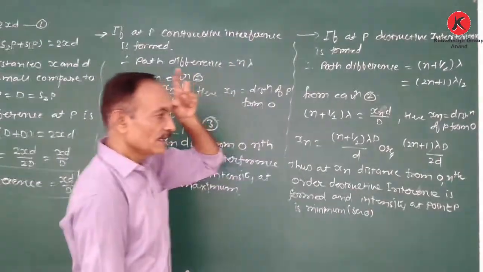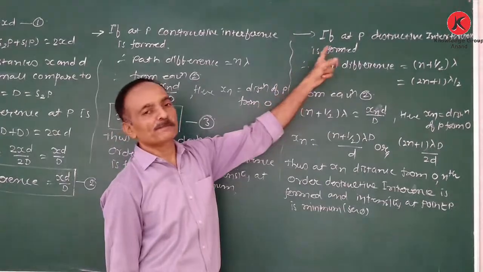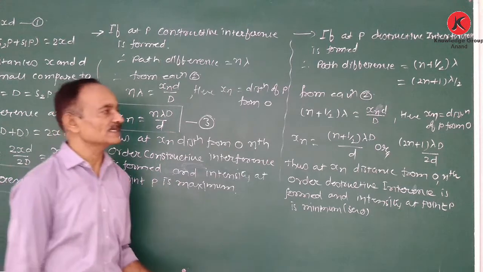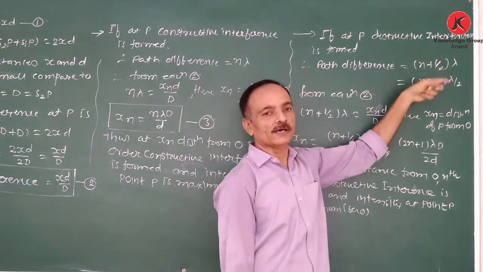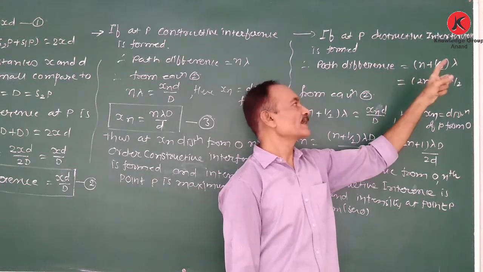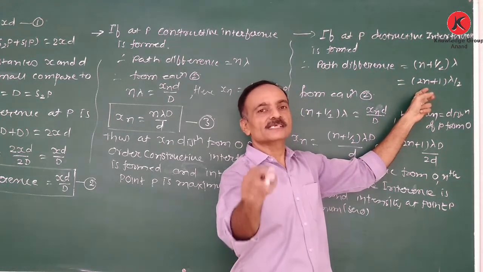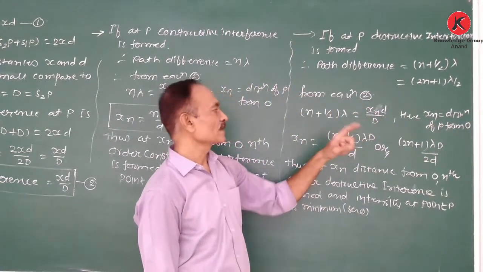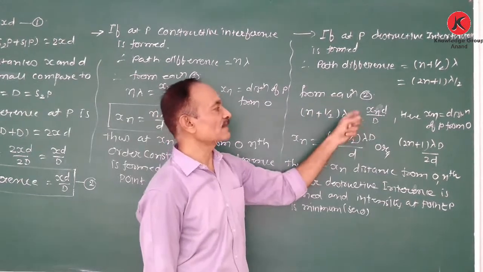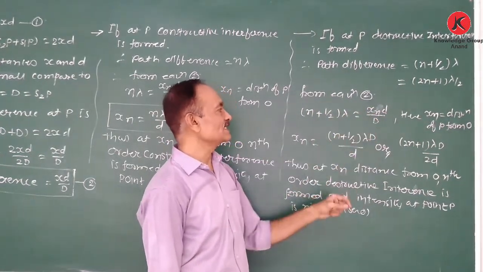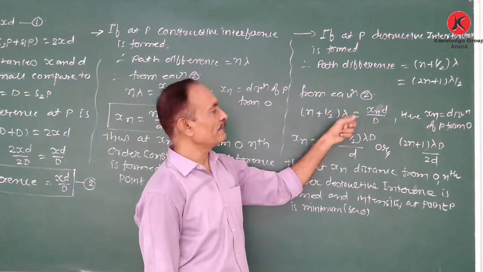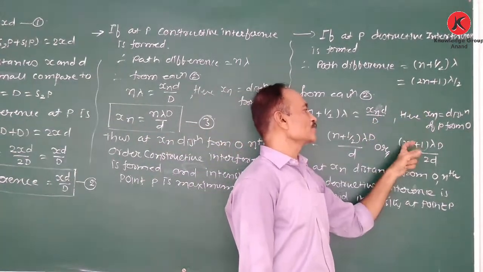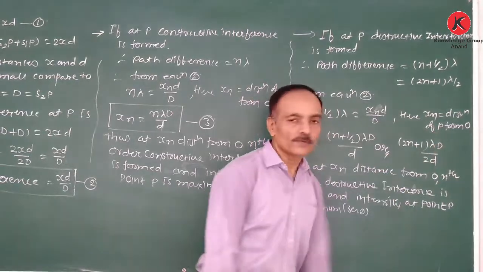Now similarly, let's assume that at point P destructive interference is formed. Therefore the path difference for destructive interference is n plus 1 by 2 into lambda, or 2n plus 1 into lambda by 2. We compare this with our equation of the path difference xd by D. Therefore n plus 1 by 2 lambda is equal to xn d upon D. Therefore xn is equal to n plus 1 by 2 lambda into capital D upon small d, or 2n plus 1 lambda D upon 2d.